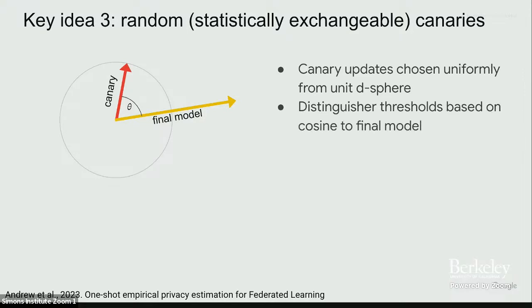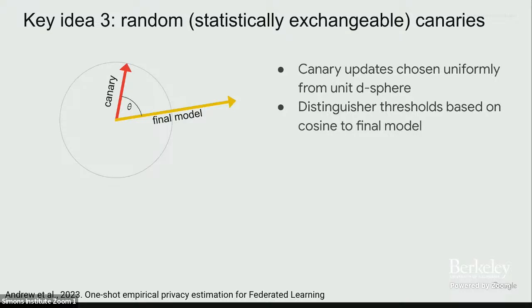The test statistic that the auditor is going to use is the cosine angle between the final model and that sampled canary from the unit sphere. So we're going to look at that angle. This angle is simply the normalized dot product. You look at the dot product between the canary and the final model, which is the output of the algorithm, and then you normalize it by the norms.